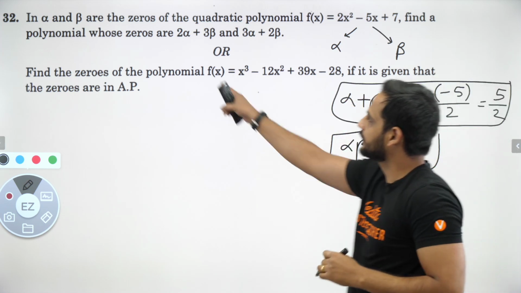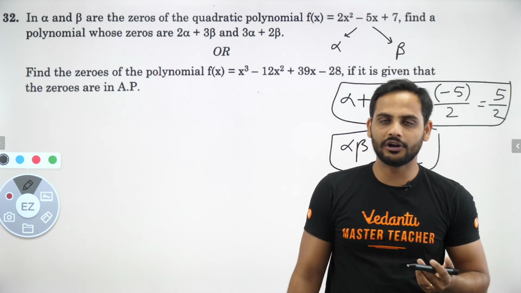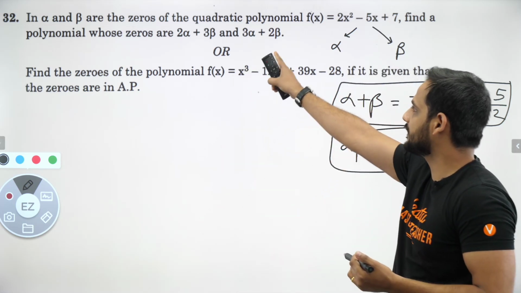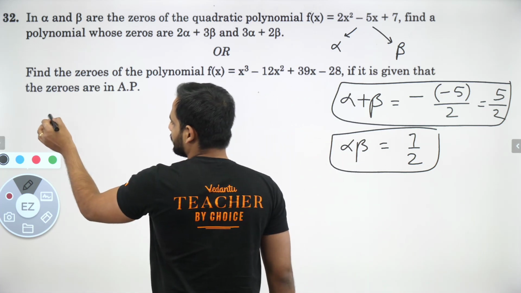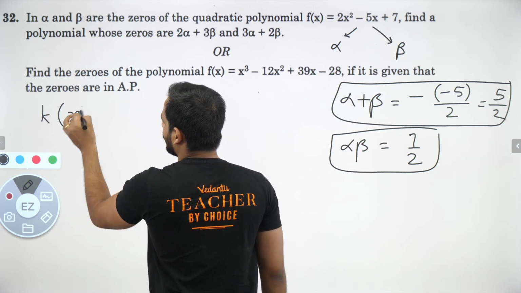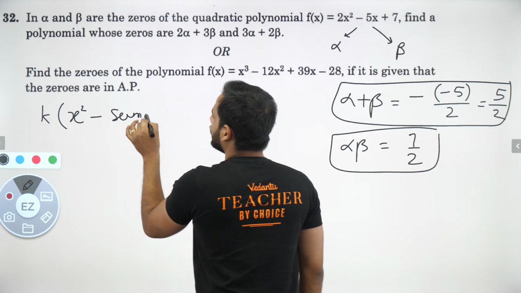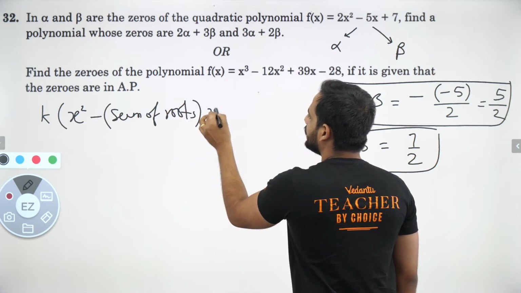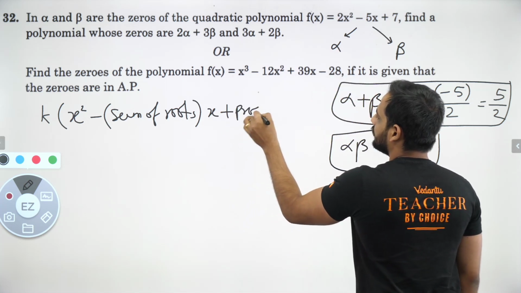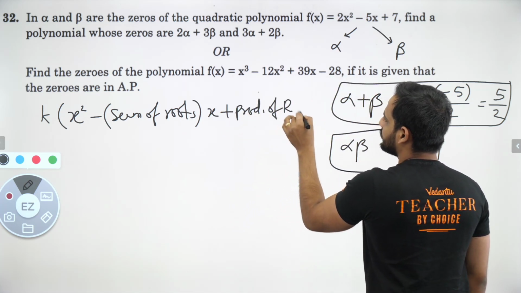Now you want a polynomial whose roots are 2 alpha plus 3 beta and 3 alpha plus 2 beta. So look carefully, we know the quadratic equation will be k times of x square minus sum of roots into x plus product of roots. This we know.